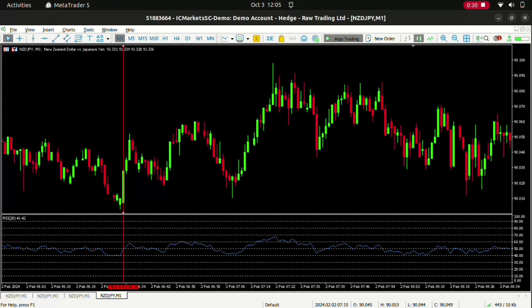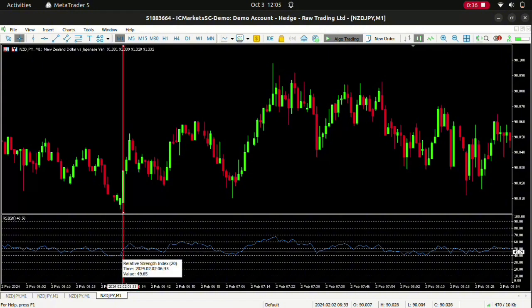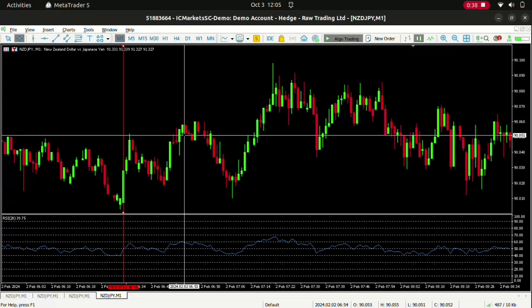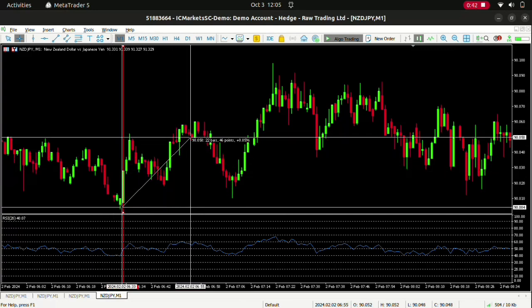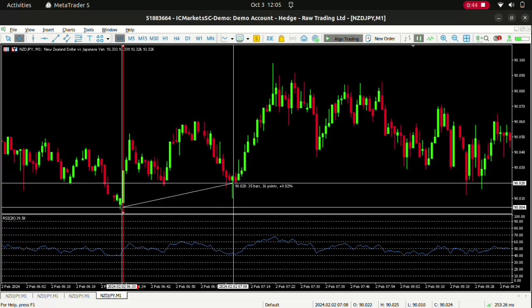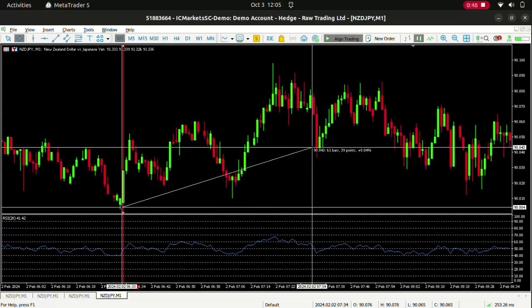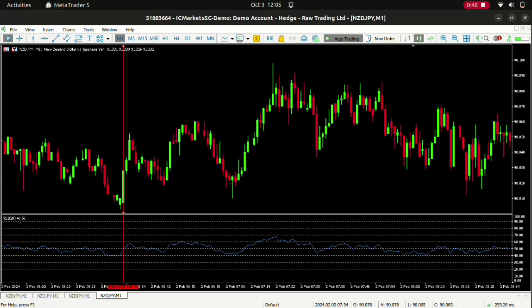When the RSI passes through this zone right here, which is the 40 to 50 zone, in the future, did price tend to appreciate, or did price tend to depreciate? That's what we're trying to get our model to learn. I hope this visual explanation helps.